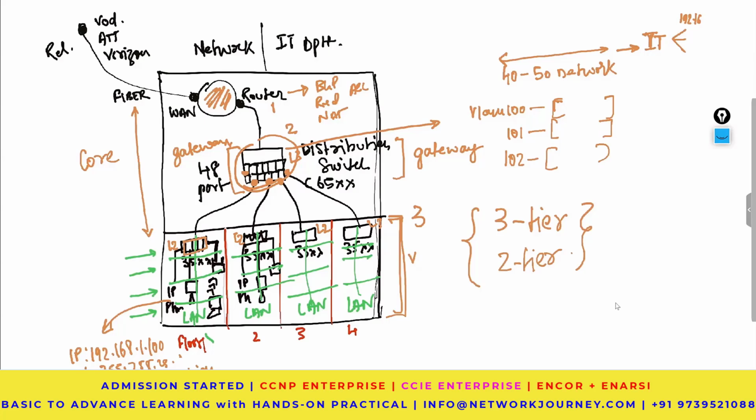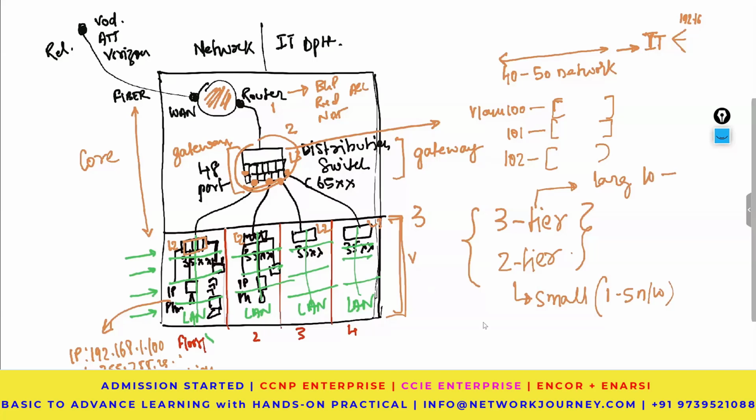So that will be the two-tier architecture. This is for small scale purposes, and this is for medium to large purposes. Small scale in the sense that only 1 to 5 networks are needed. Medium to large means more than 10 networks up to 50 networks.